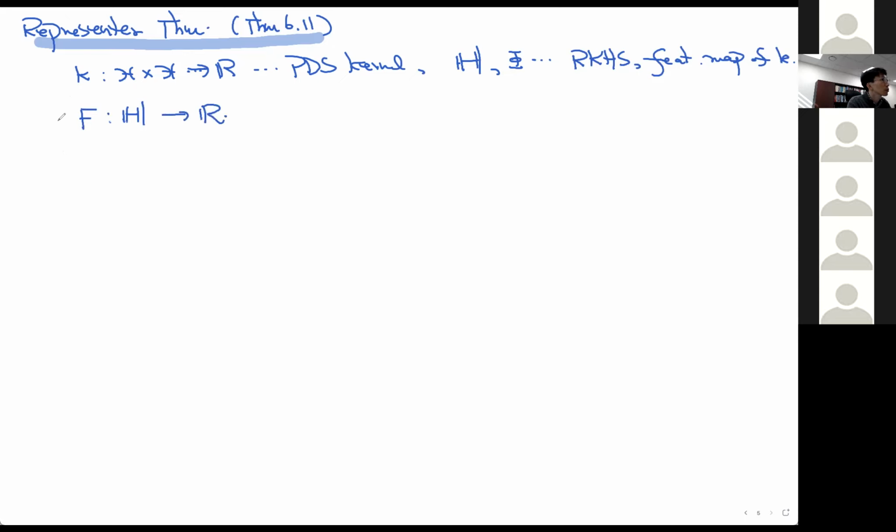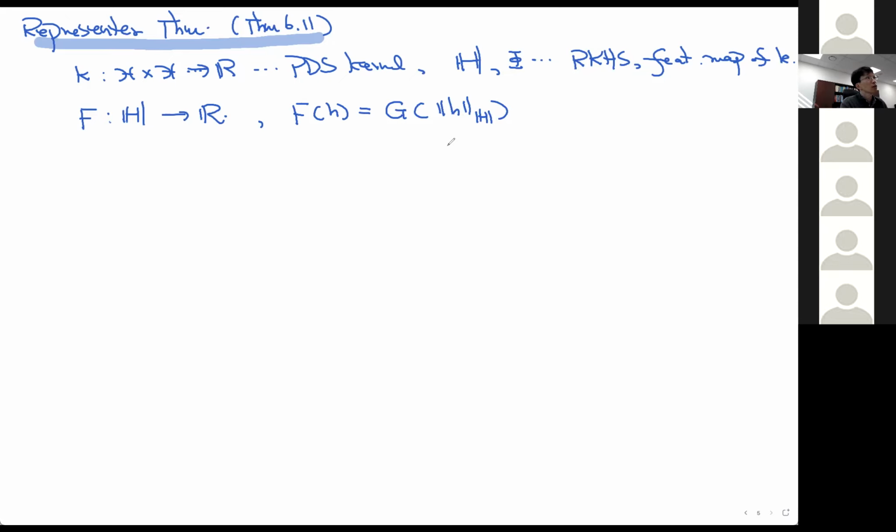So F is an optimization objective, and F is defined in this way: F of h equals G of the norm of h, plus L of h(x1) up to h(xm). G corresponds to the regularizer.